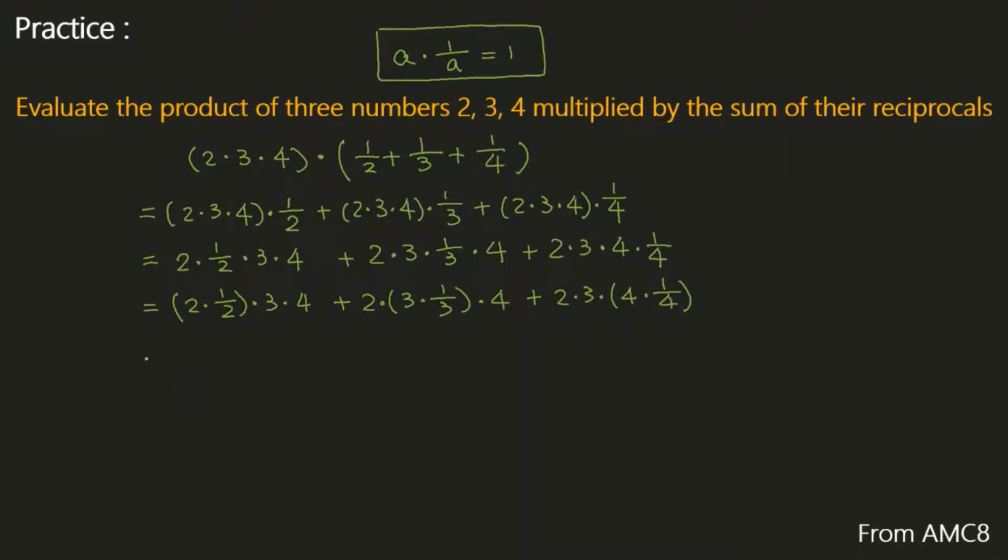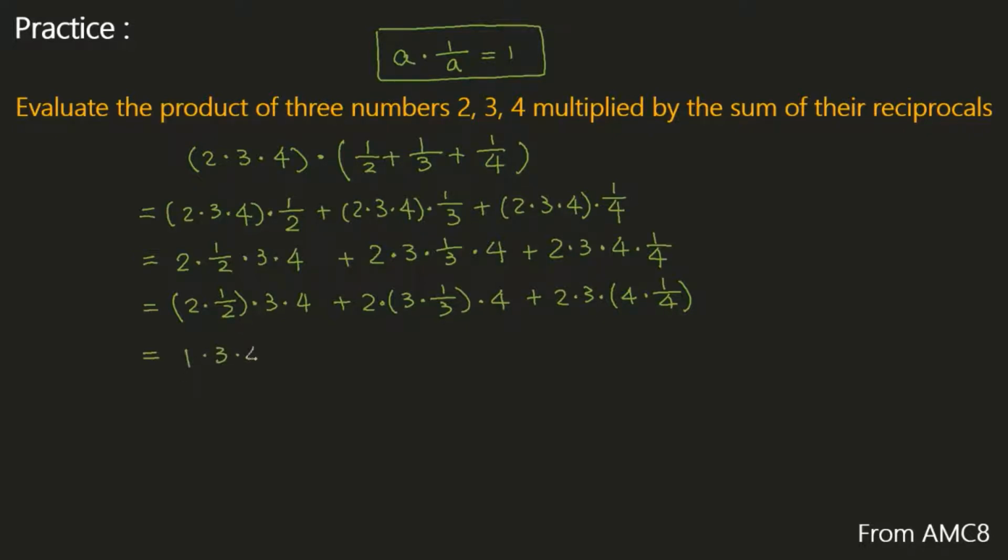Okay. Now, why do we do such grouping? You probably already saw that. It's because we can use the definition of reciprocals here, that 2 and 1/2 are reciprocals of each other, so that becomes a 1.